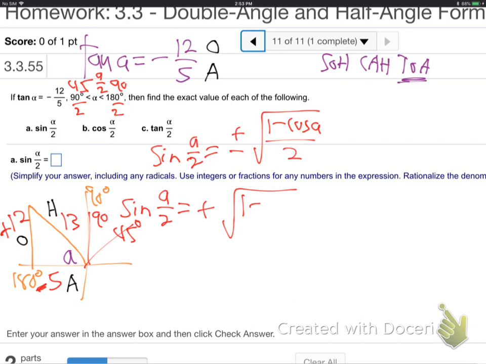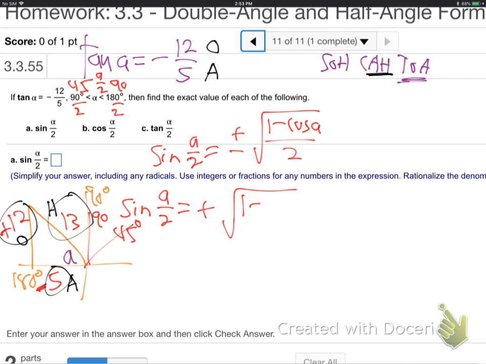Now what's the cosine of A? Cosine of A, oh, negative 5/13. Adjacent over hypotenuse, right? Remember SOHCAHTOA, adjacent over hypotenuse. Negative 5/13, huh?